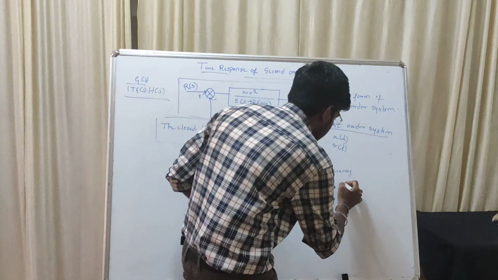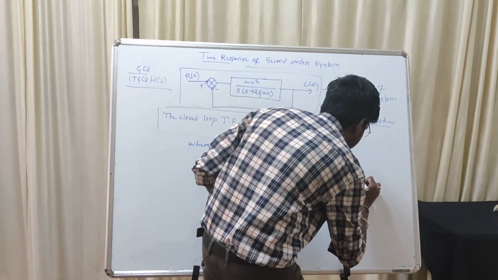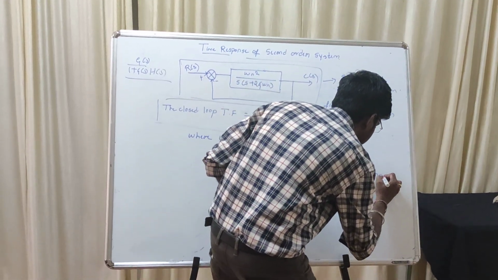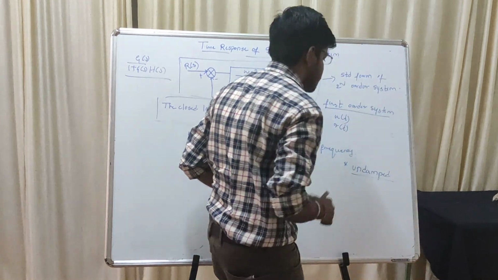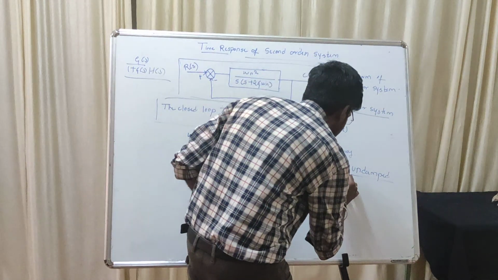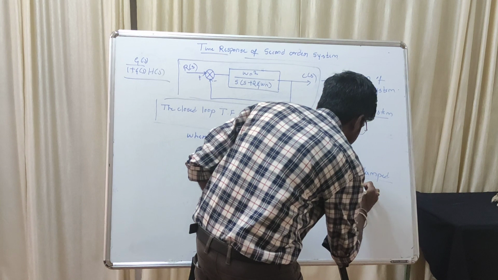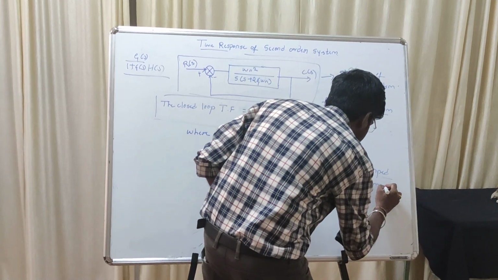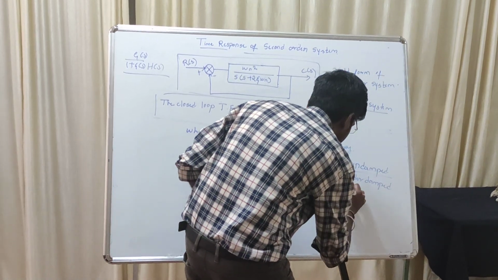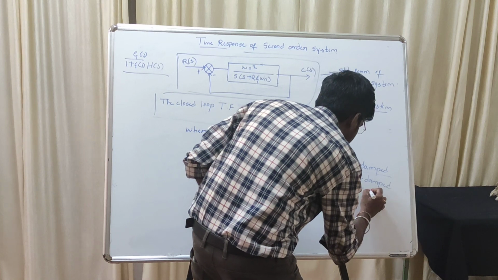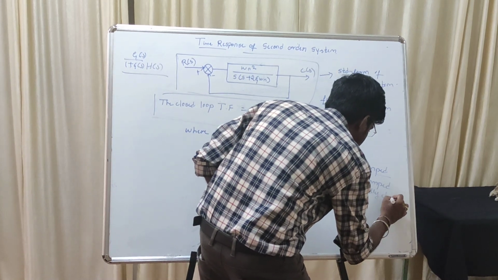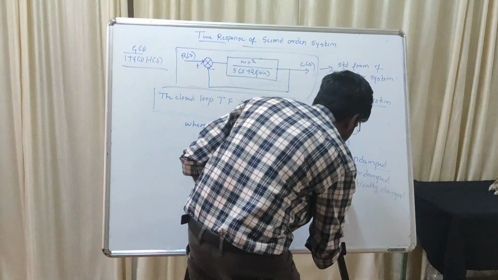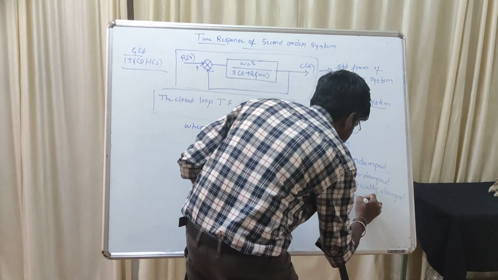The first classification is undamped system, the second is underdamped system, the third is critically damped system, and the fourth is overdamped system.